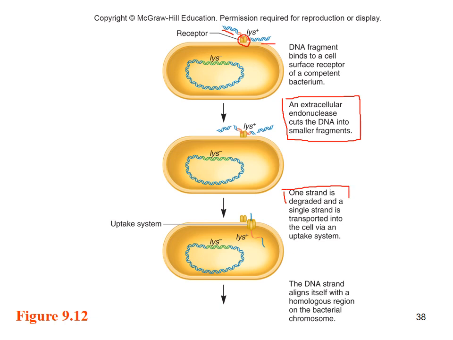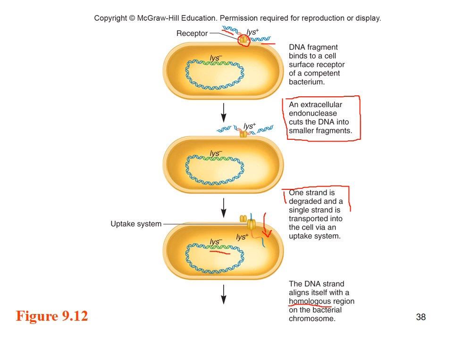So only a single strand of DNA is taken into our competent cells. All right, now once the DNA strand is inside, the next step is to make sure that it lines up to a homologous region, so a region that looks very similar on the bacterial chromosome itself.